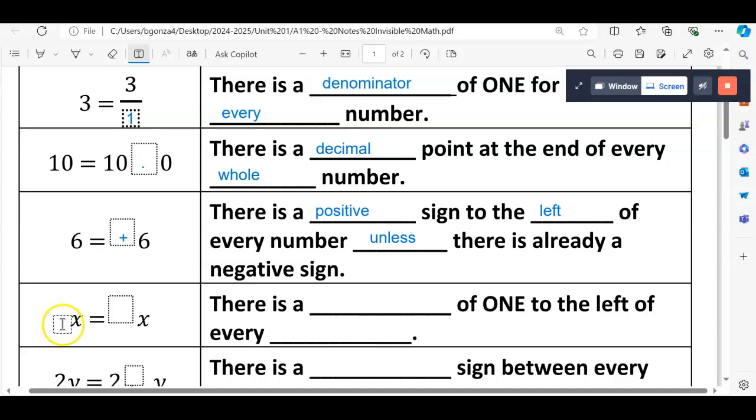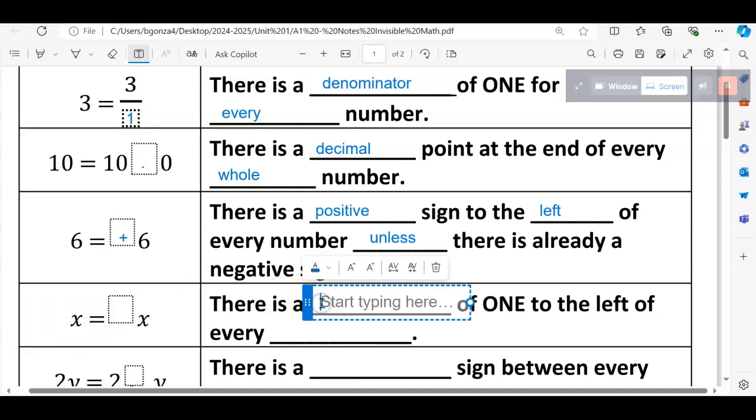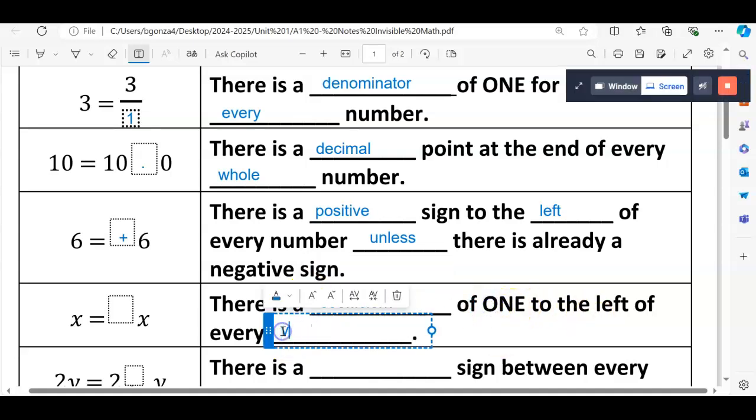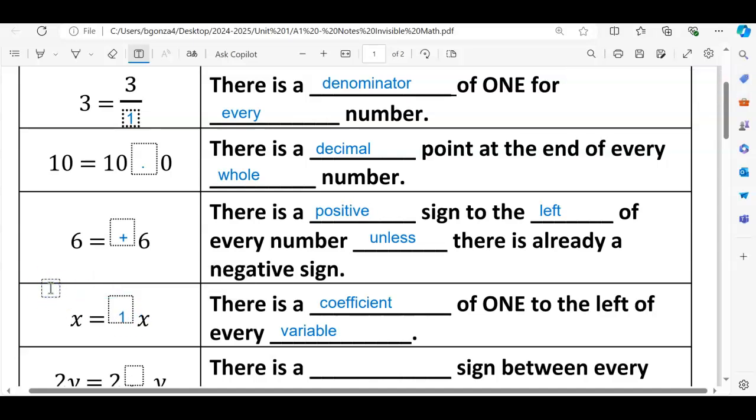So this x has nothing in front of it. But I'm telling you, there's an invisible implied coefficient of 1 to the left of every letter variable. So there's always a 1 implied in front of a letter that's by itself, a variable.